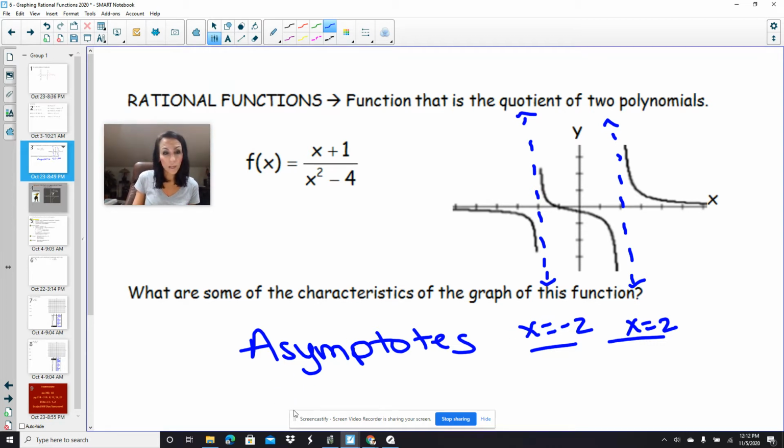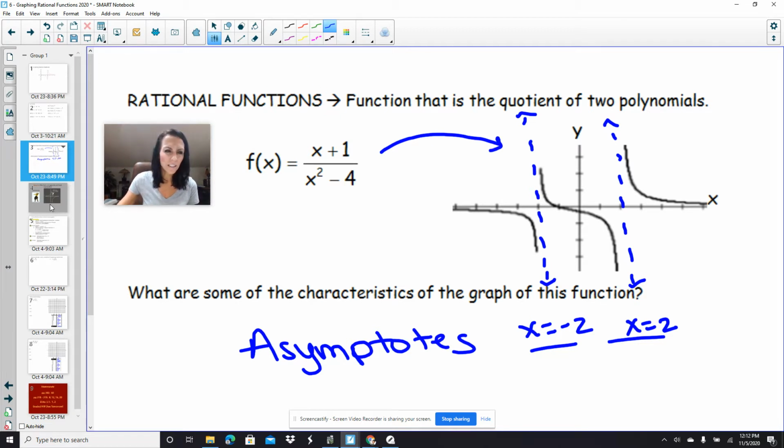But we're going to talk about asymptotes today and some other features of a rational function graph. So we're going to take it from given this rational function to graphing it, making sure we algebraically find our vertical asymptotes, our horizontal asymptotes, our x-intercepts, and our y-intercepts. So that's the task for today.